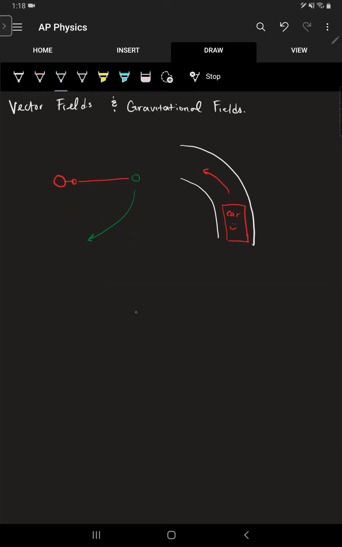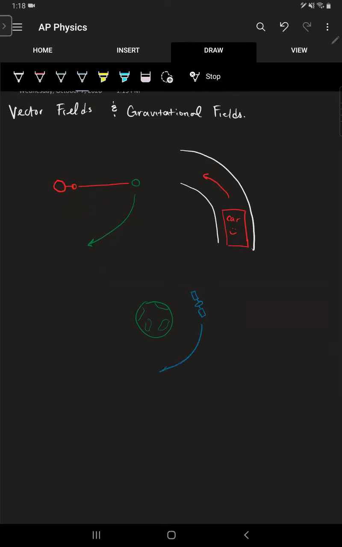So when you have the Earth, let's say this is the Earth, I don't know. Okay, if you have the Earth and then you move in a circle, right? Let's say we have a satellite right here, right? We have a satellite, then we can effectively move in a circle by orbiting the Earth, right?